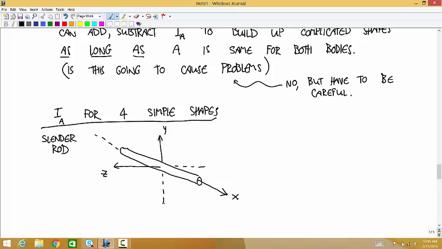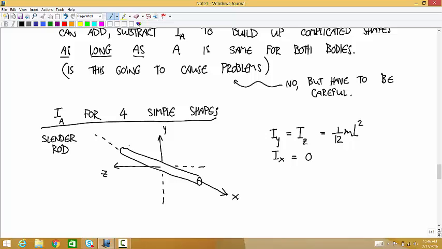The moment of inertia about y and z is 1/12 times the mass of the object times the length squared. And since we're neglecting the thickness of this, there's no moment of inertia about the x-axis. So that shape doesn't resist angular acceleration about the x-axis at all, but it does about the y or z-axis.